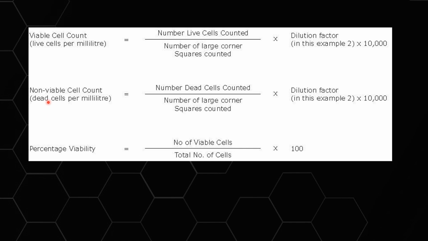Likewise, we have non-viable cell count, where we first count the number of dead cells that appear blue in color, divide by the number of large corner squares counted and multiply that with the dilution factor into 10,000, and we get the non-viable cell count. And if we have to calculate the percentage cell viability, we take the number of viable cells divided by the total number of cells, that is viable cells plus dead cells, into 100. So that's how we calculate the percentage viability.